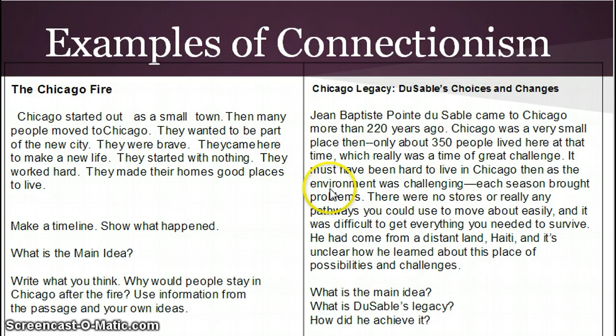Here's an example of two texts I might use. This first one would be in the beginning of the year. You can see the sentences are shorter and more simplistic than the later one, maybe mid-year or end of the year. The lexile has definitely increased. If you look at the assignment on the bottom, even at the beginning of the year, it just asks to make a timeline, show what happened, what is the main idea, write what you think.